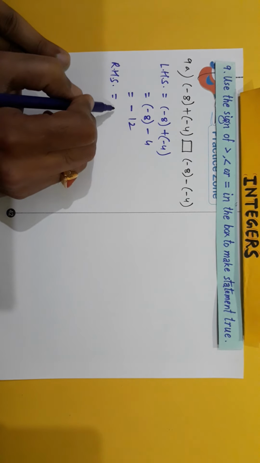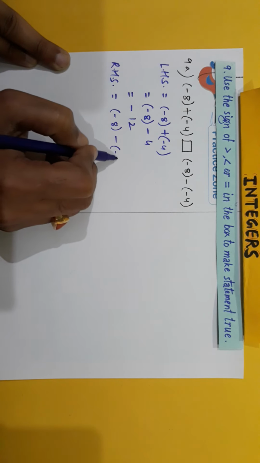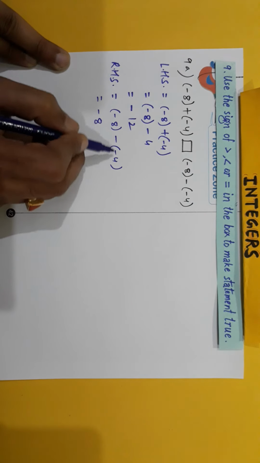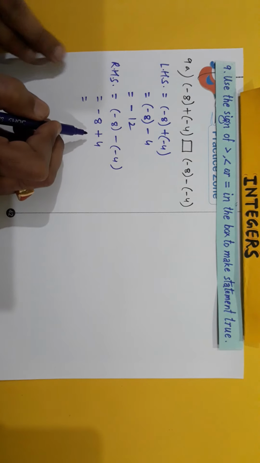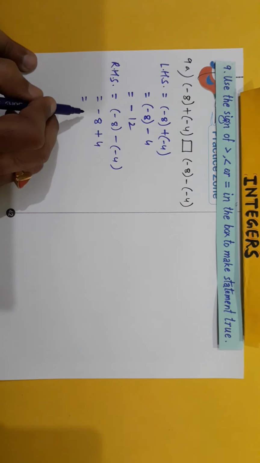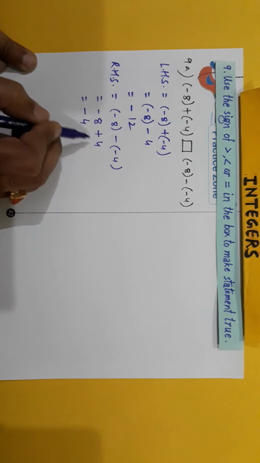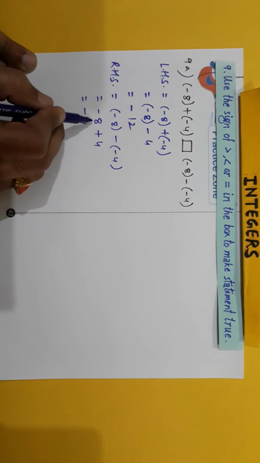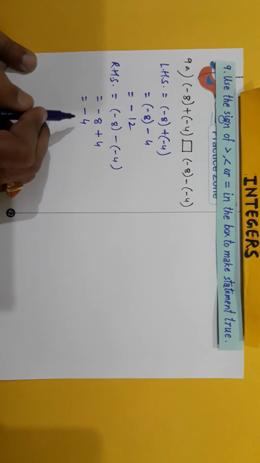In RHS we have minus 8, then minus minus 4. Minus into minus is plus, so plus 4. Since they have two different signs, we subtract and put the sign of minus. 8 minus 4 is 4, and since the number 8 has the greater absolute value and has the negative sign, here I have written the minus sign.